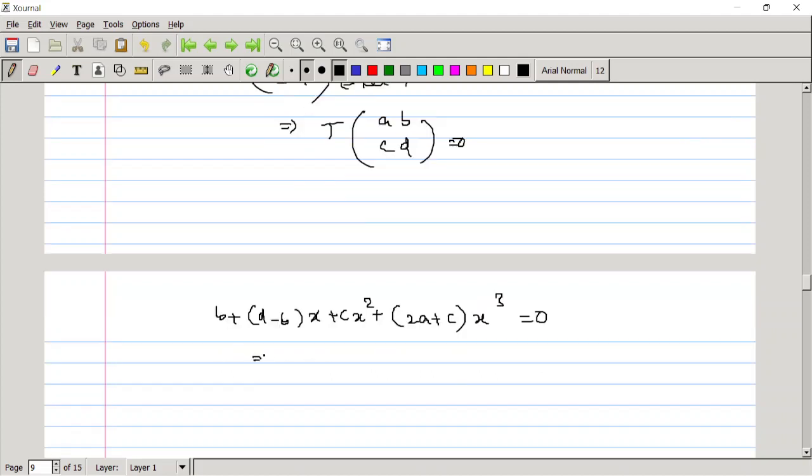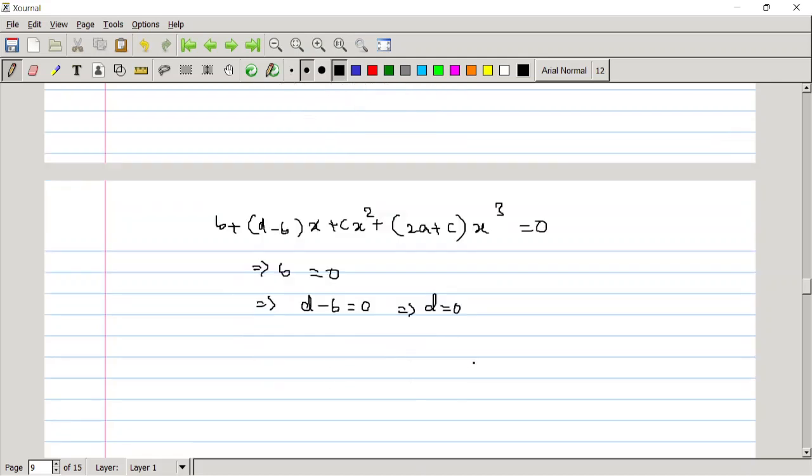That means b equals 0, d minus b equals 0. From this we can say d equals 0, c equals 0, 2a plus c equals 0. From this we can say a equals 0.